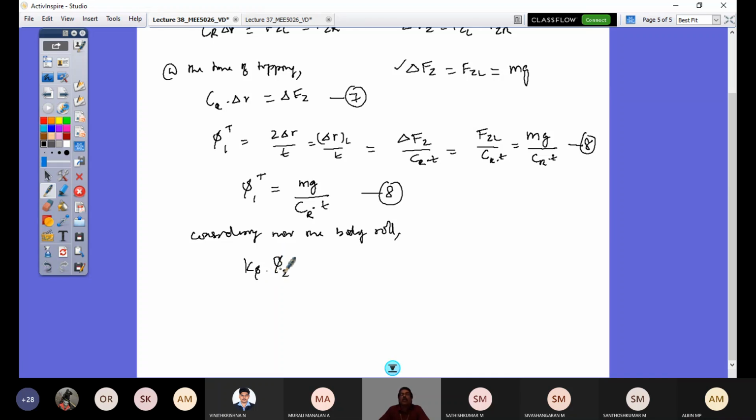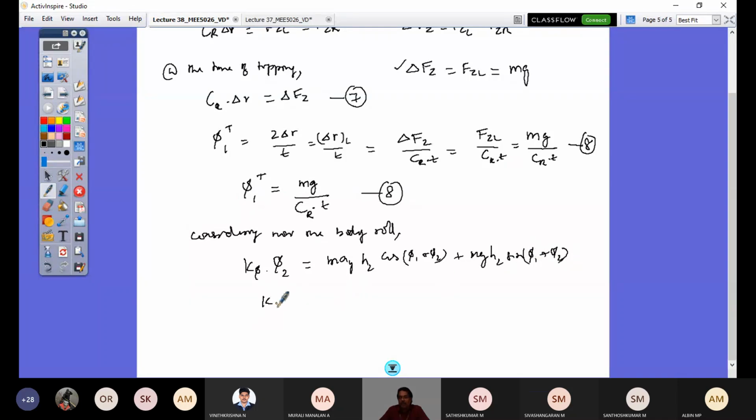Because this is the roll of the vehicle body with reference to the axle. So that would be equal to m ay into h2 into cos of phi1 plus phi2, plus mg h2 sin of phi1 plus phi2.